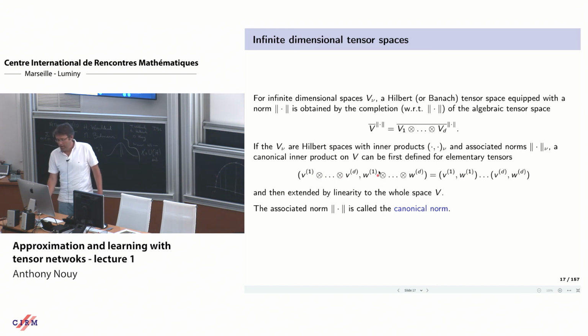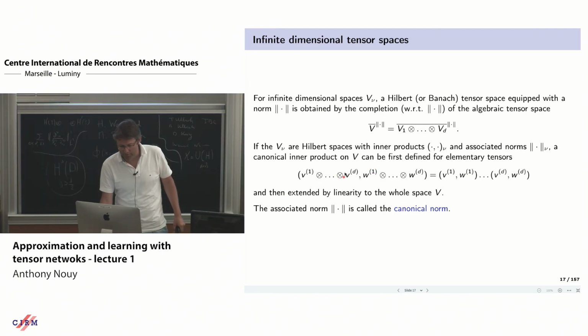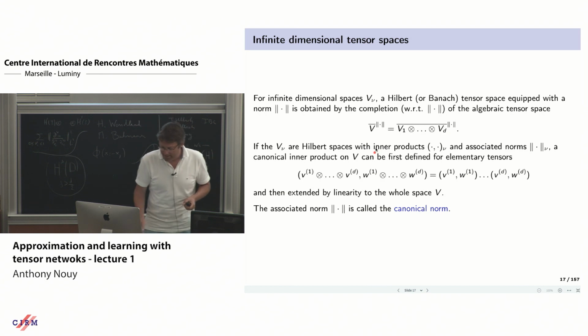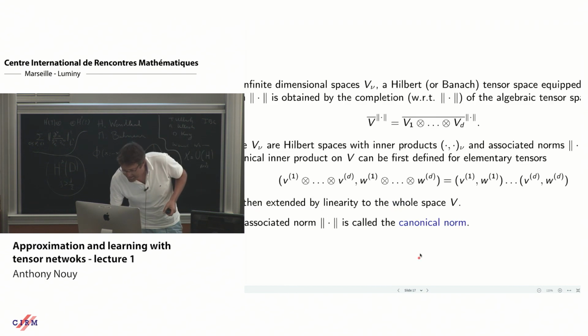Okay? Here I have defined the canonical inner product for elementary tensors, but you can extend this definition to the whole algebraic tensor space by bilinearity of your inner product, and then extend this notion over the completed space. Okay? So this is a construction of tensor Hilbert spaces, tensor Banach spaces.